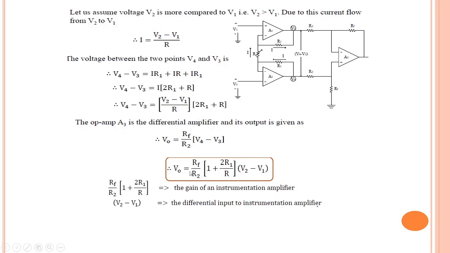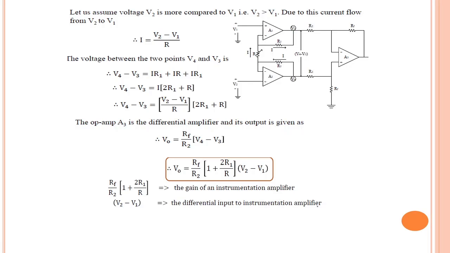So the output voltage is proportional to V2 minus V1, the difference between the two input voltages, and the gain is given by RF divided by R2 multiplied by (1 plus 2R1 divided by R).